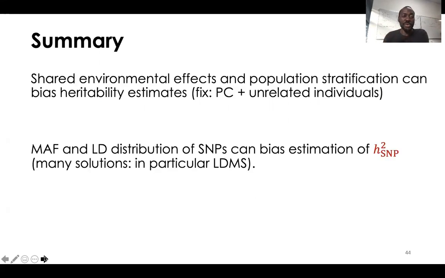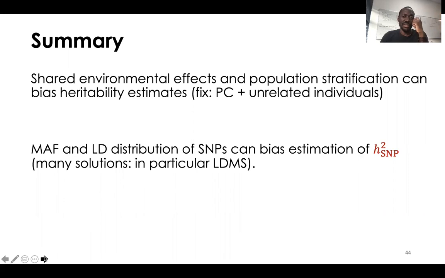Okay, so just to summarize this part, I've shown that a shared environmental effect and population stratification can bias heritability estimates. The way to fix that is to assess the genetic composition of the sample, for example with genetic principal components, which you would have heard about and probably covered in the GWAS lecture about quality control.